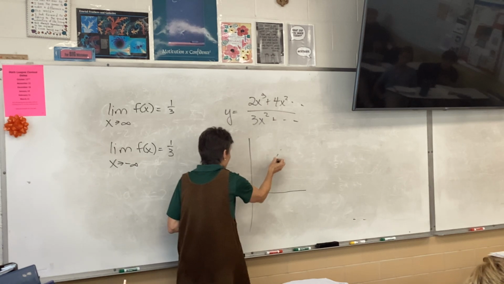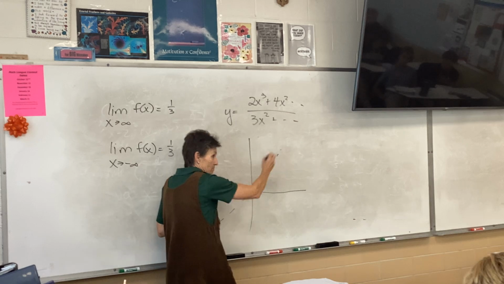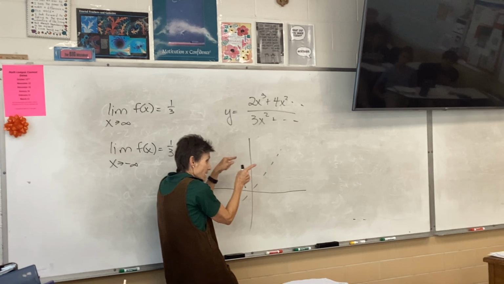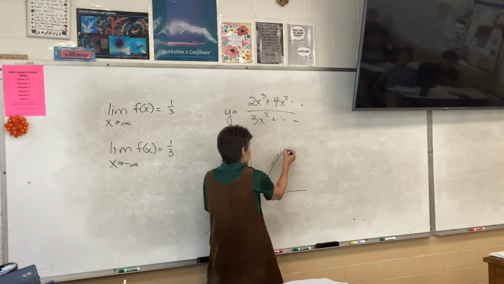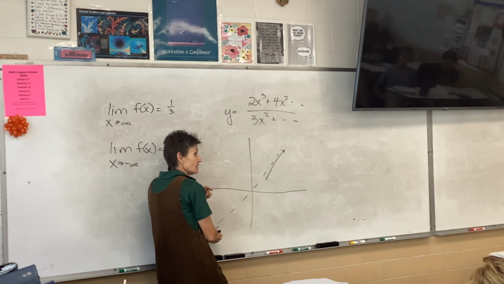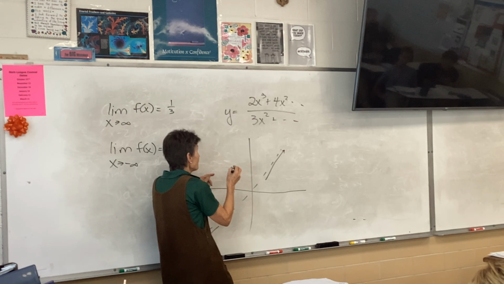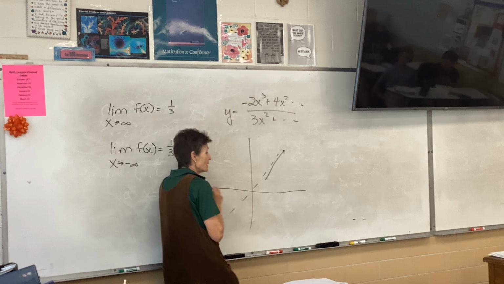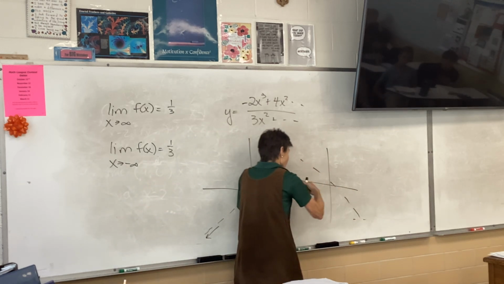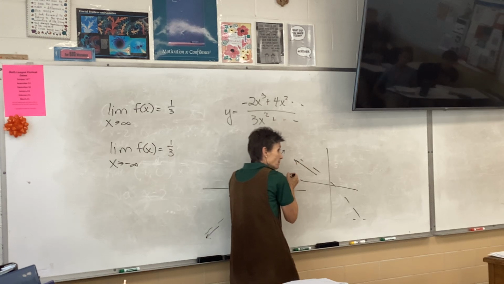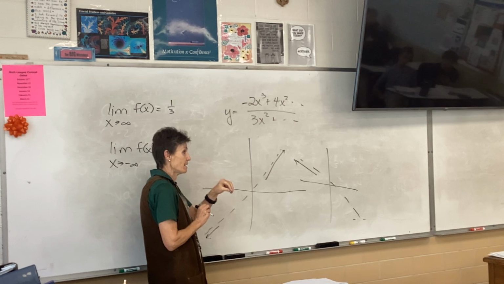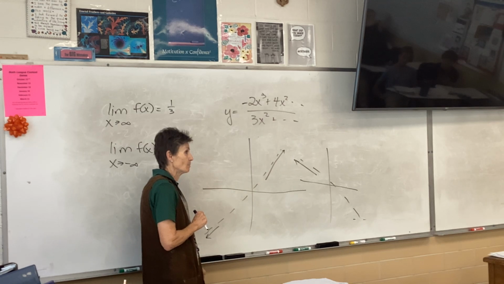So I would have some kind of end behavior asymptote like that. As the curve goes that way, then it's going up. As it goes this way, it's going down. Now, if that had been the problem, then the end behavior asymptote would have this slope. So to the left, it would be going up, and to the right, it would be going down. So the curve is gonna behave like the end behavior asymptote.